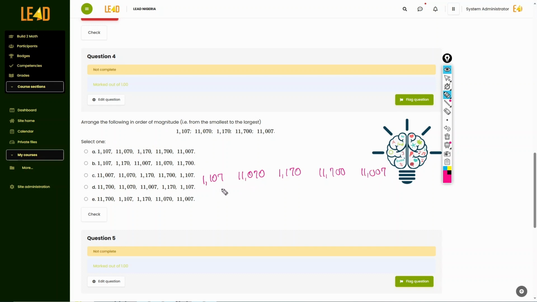Okay, so obviously the 1,000s should start first. So I'm going to start with 1,107. Then next will be 1,170. Then we'll move on to 11,000 now, because the remaining 3 are 11,000s. So we've dealt with this and we've dealt with this.